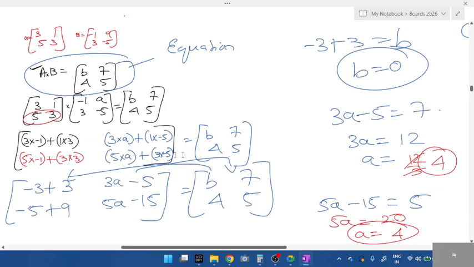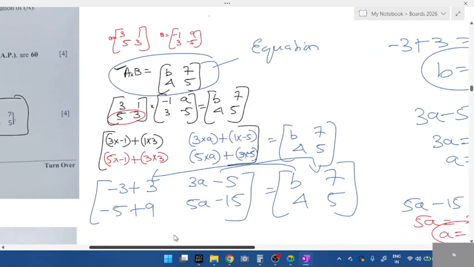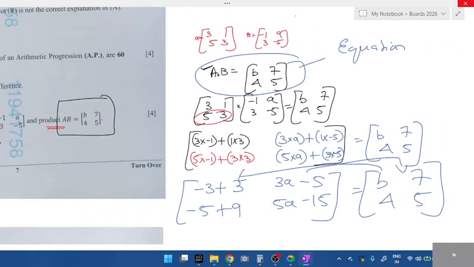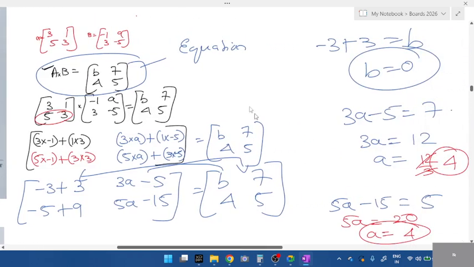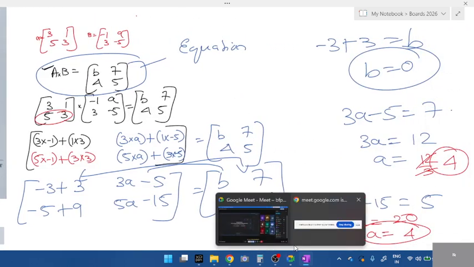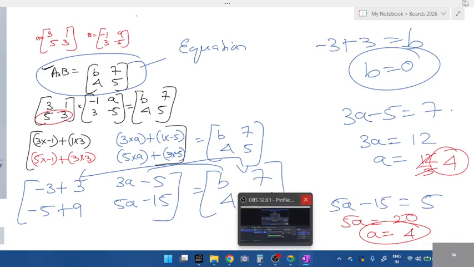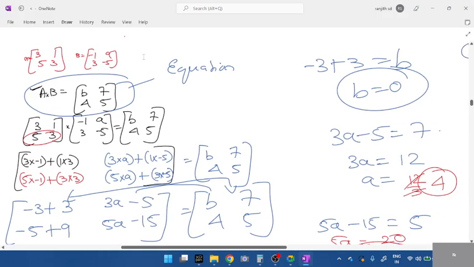Is there any doubt, students? All of you understood? Is it clear? How to multiply, whether it is positive or negative? Any doubts? Respond. No? Okay, fine.